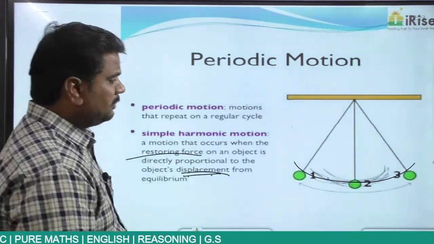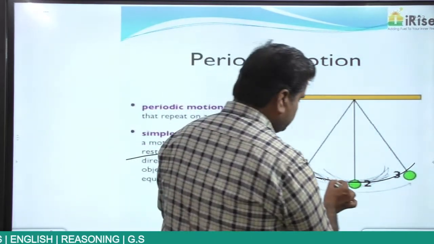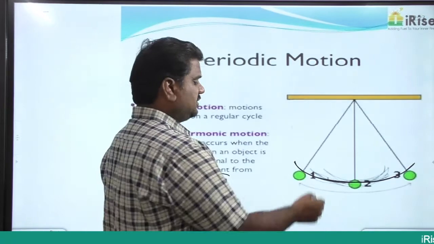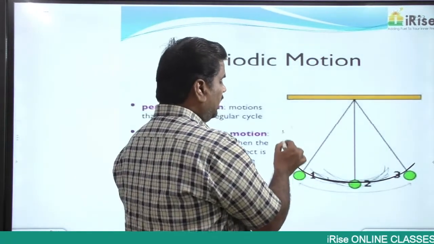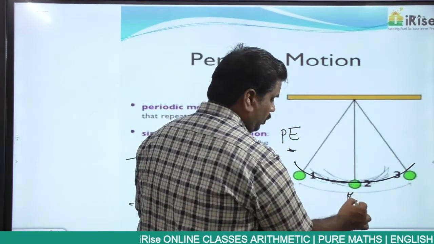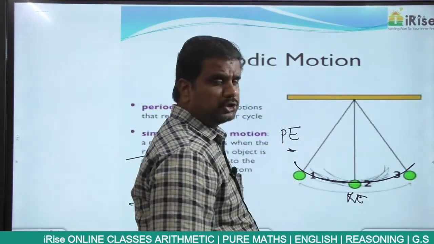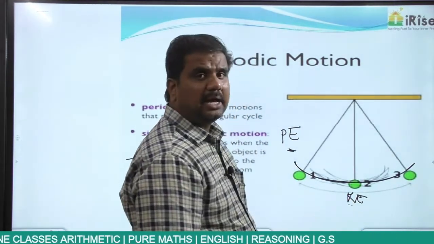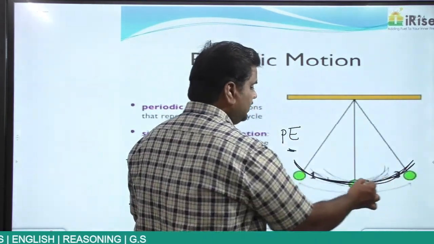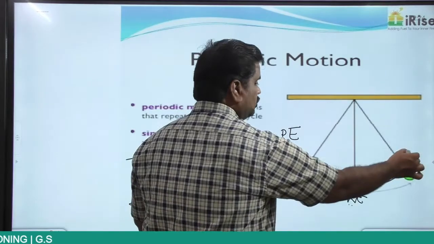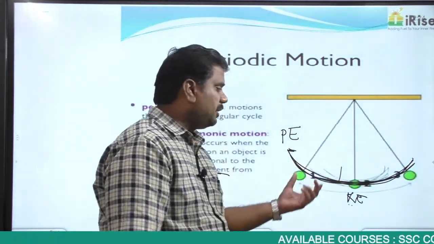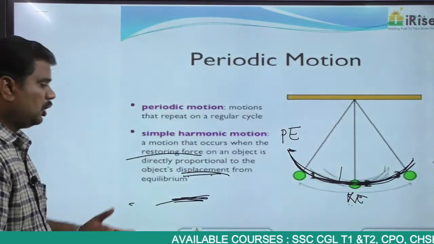On every simple pendulum, there is a certain amount of force acting. Now we have seen that in the case of a simple pendulum, at the extreme point it possesses only potential energy, and at the mean position it possesses only kinetic energy. Here the force acting on the object is directly proportional to displacement, so there you're talking about simple harmonic motion.